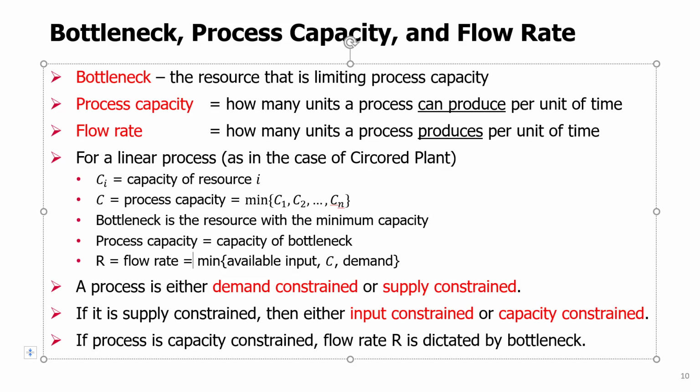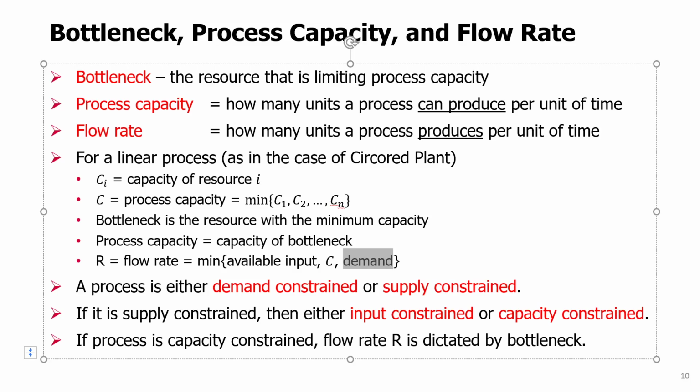And then we will also say that the flow rate should be either equal to available input, also expressed as a rate of number of units of the product per unit of time, what we receive, or it will be equal to the capacity, or it will be equal to the demand, whichever is minimum. This is what the flow rate should be. So the process, we say, is either demand constrained when demand is the minimum.